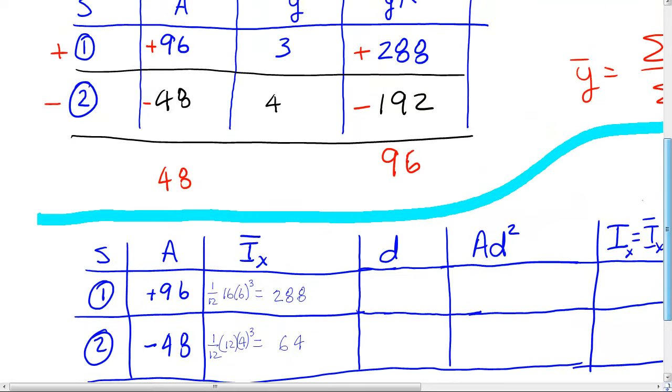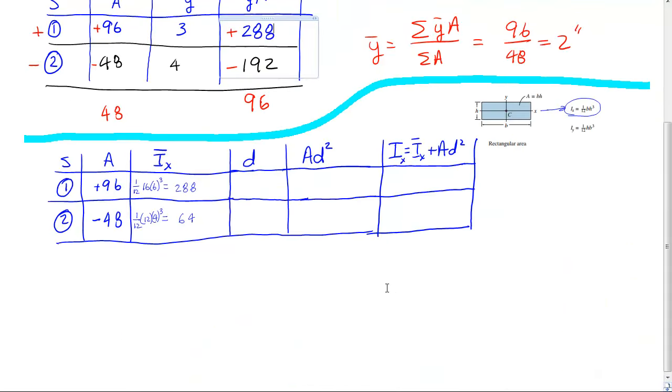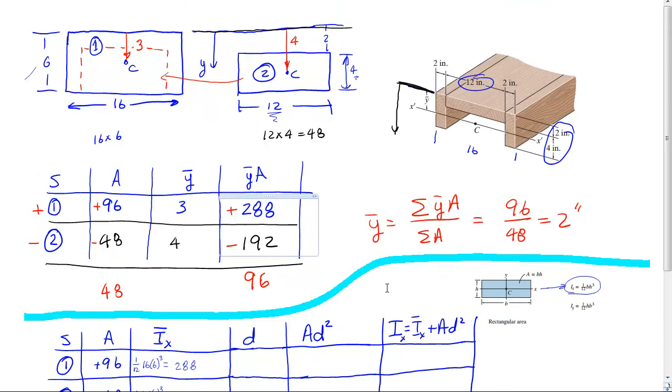Okay, here's the deal, the distance. This is very important to understand, and so I'm going to spend a few minutes on this. I have identified that the centroid of the composite is at 2 inches.